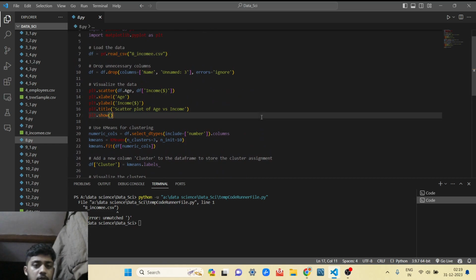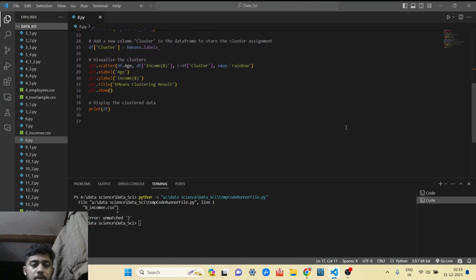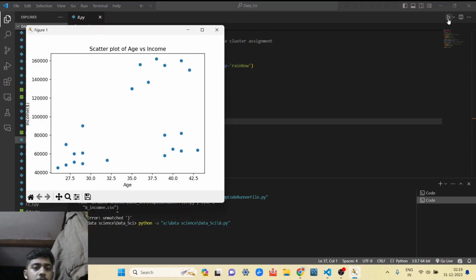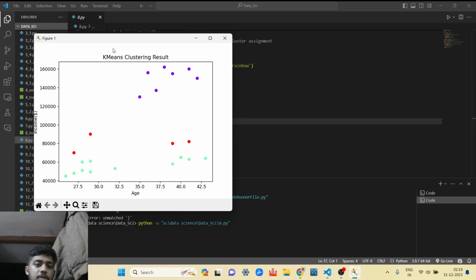There was an error, so let's run it again. This is the scatter plot of age versus income. This was the original income-age plot. Now this is the k-means clustering result, where there are three clusters: this green one, then the red one, and then this blue one.